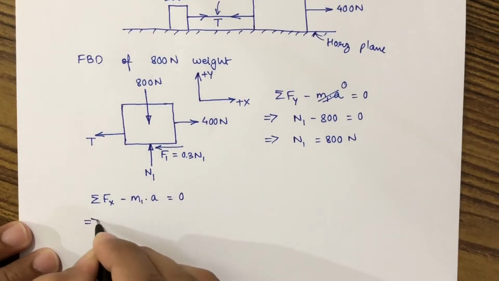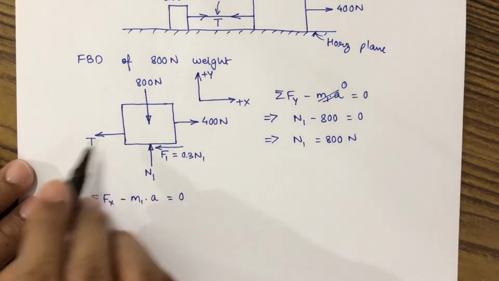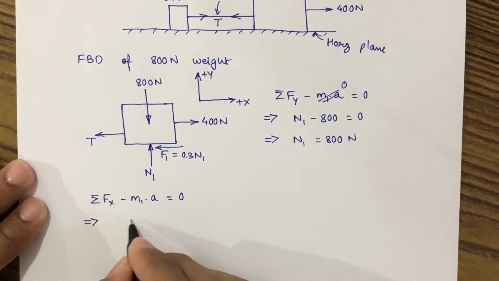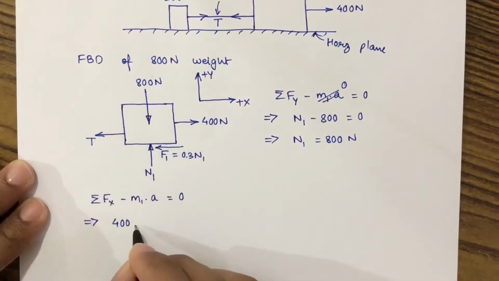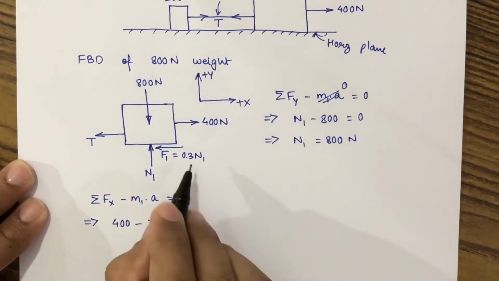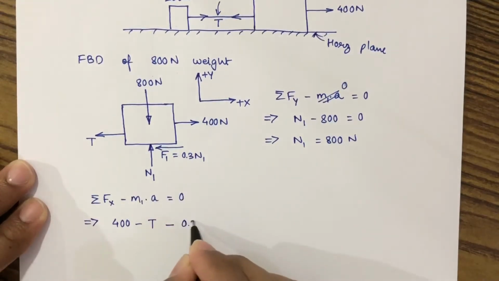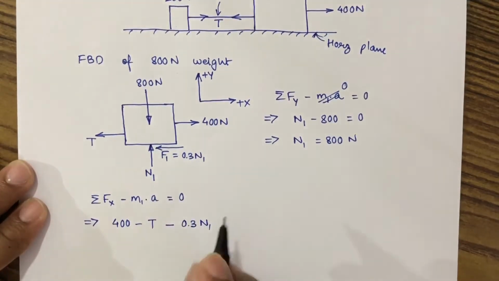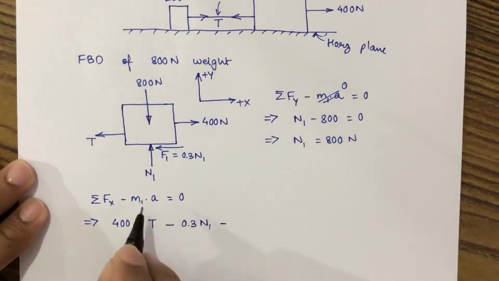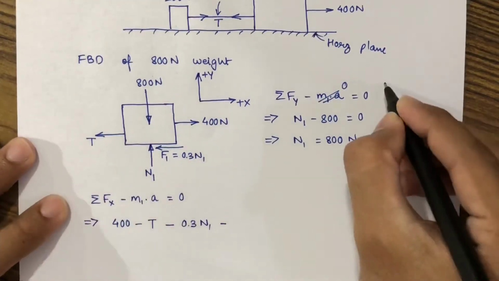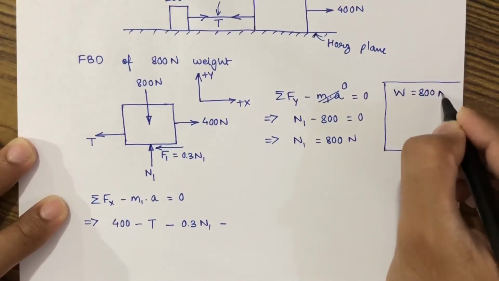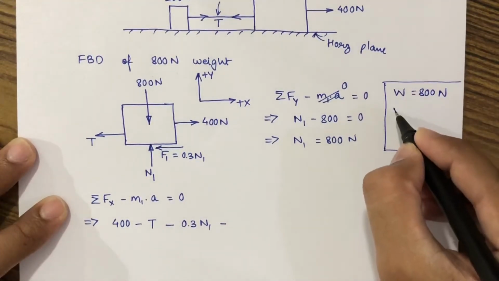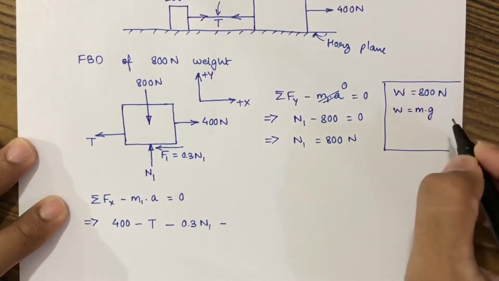So the equation we get is 400 minus T, because it is going in the backward direction, minus 0.3 N1, minus M1 into A. Now here the weight is provided to us as 800 Newton. So weight is equal to mass into acceleration due to gravity.